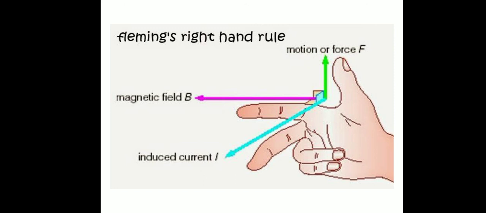If the forefinger points in the direction of the magnetic field and the thumb points in the direction of the motion of the conductor, then the central finger points in the direction of the induced current. In this way you can find the direction of the induced current. So this is a very important rule.